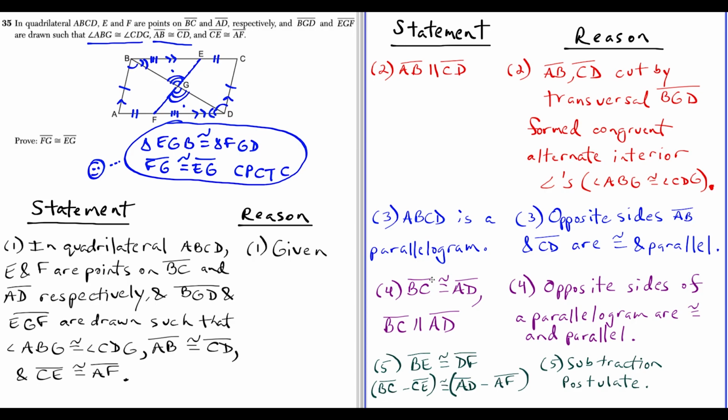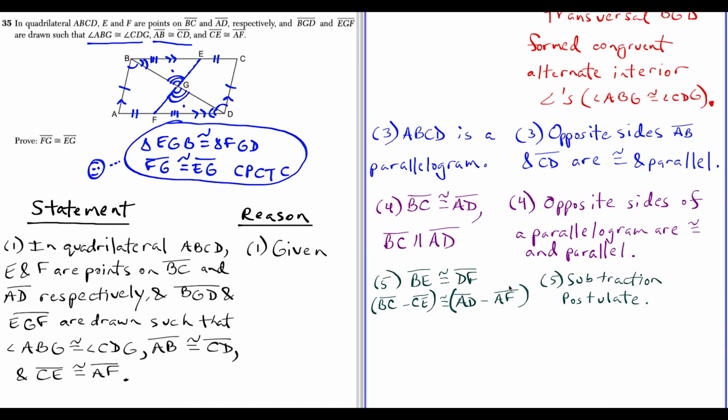Notice we established that the entire segment BC and the entire segment AD were congruent in statement 4, and in statement 1 we said that the pieces that we're subtracting, CE and AF, are congruent. And the subtraction postulate says when congruent segments, that's CE and AF, are subtracted from congruent segments, that's BC and AD, the differences BE and DF are also congruent. So that's what we're establishing here in statement 5.